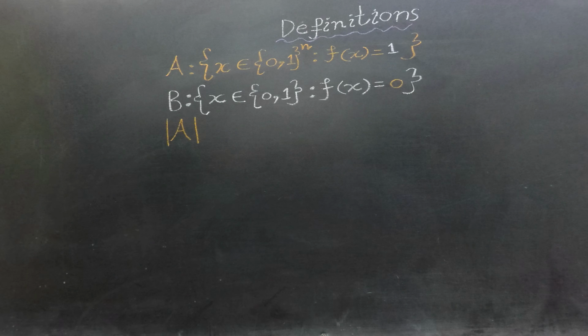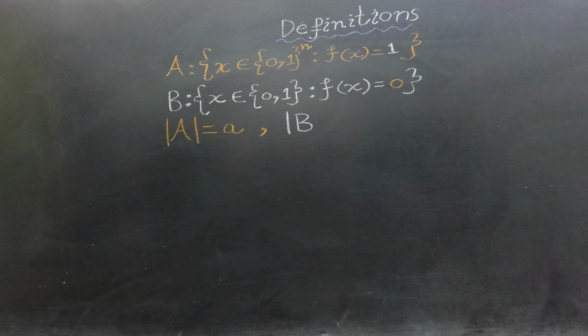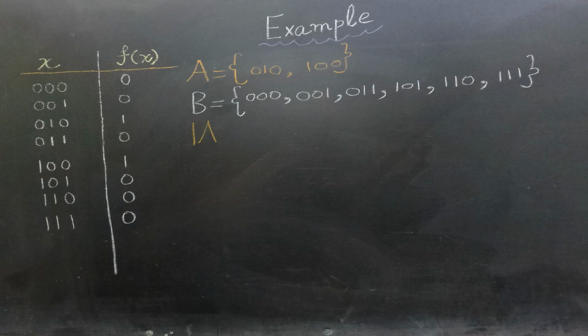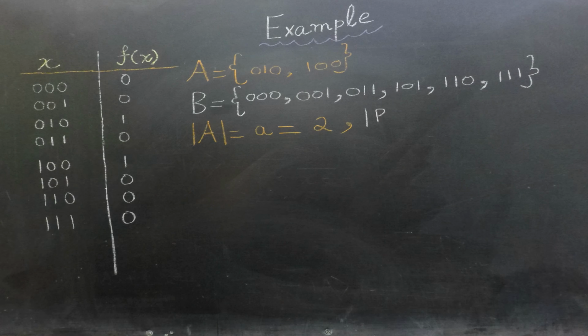Now we represent the cardinality or size of these sets with a small a and a small b respectively. In our example, the cardinality of set A is 2 and the cardinality of set B is 6.